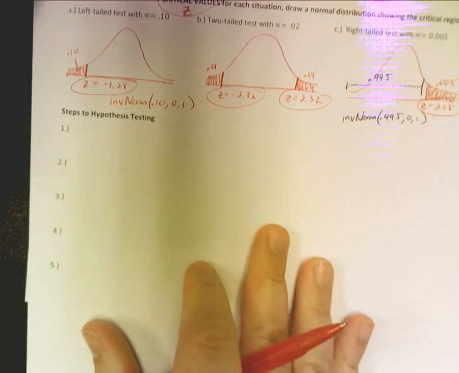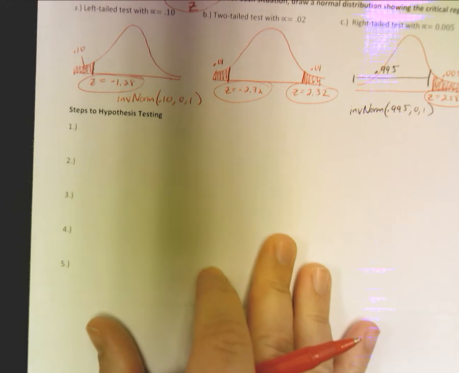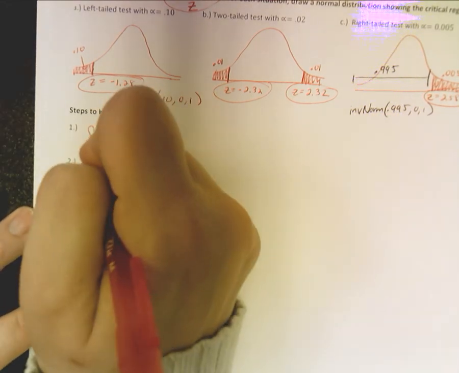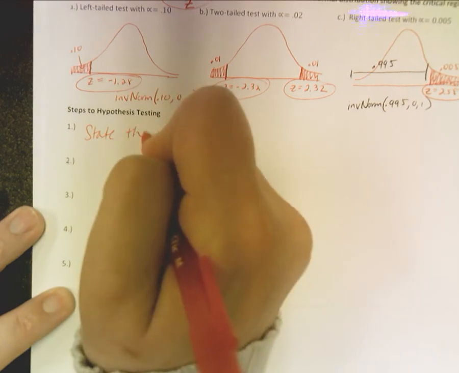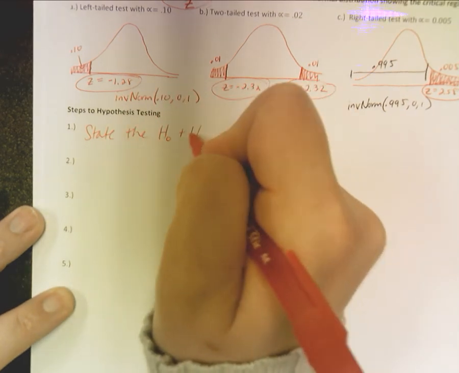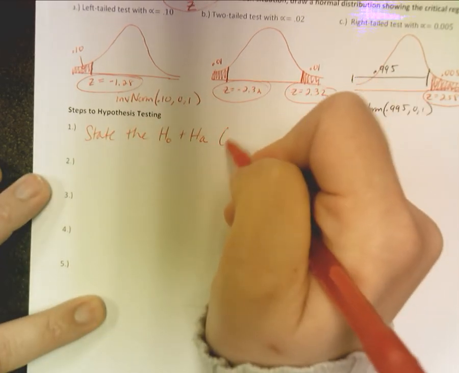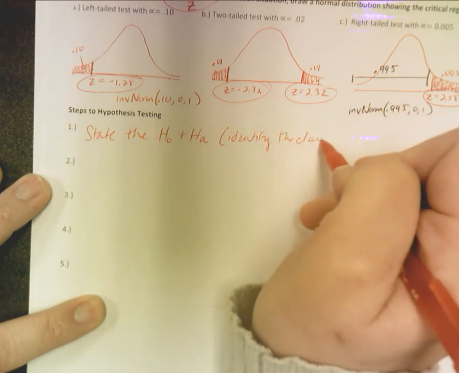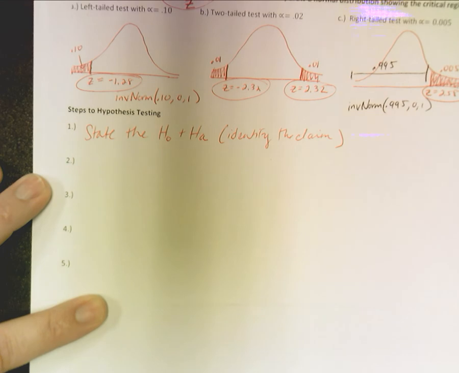These are the 5 steps you're going to do every time when we start doing an actual test. And I want you to write them down. First things first, state your null and alternate hypothesis. Identify the claim. Usually just write HA is your claim, okay?